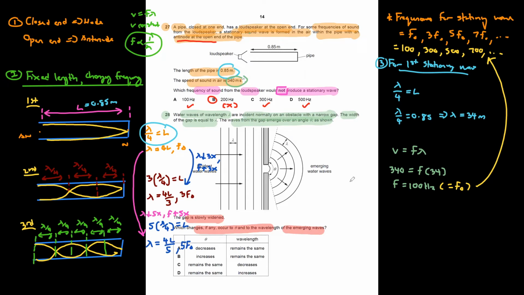Okay. So in your case, if you recall for diffraction, there's always this thing that we mentioned. Significant diffraction only occurs when the wavelength is comparable to the gap width.